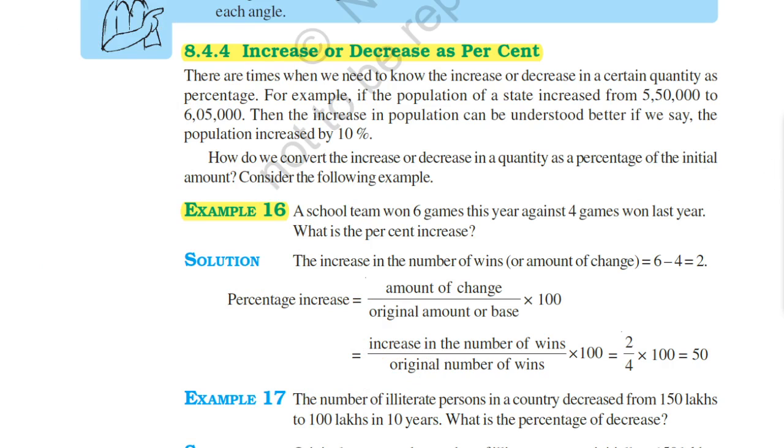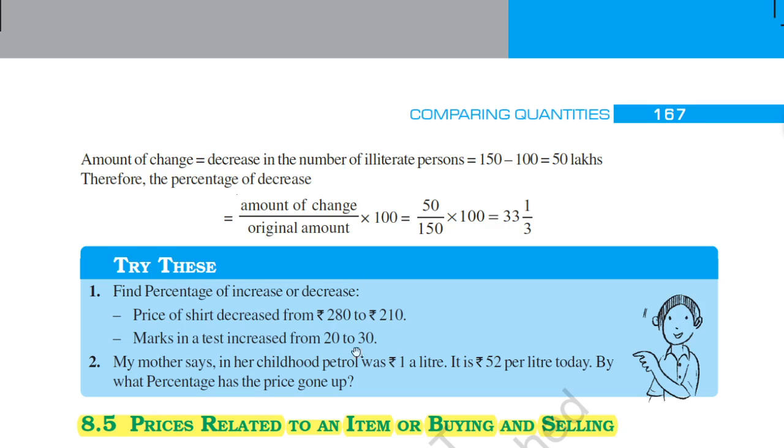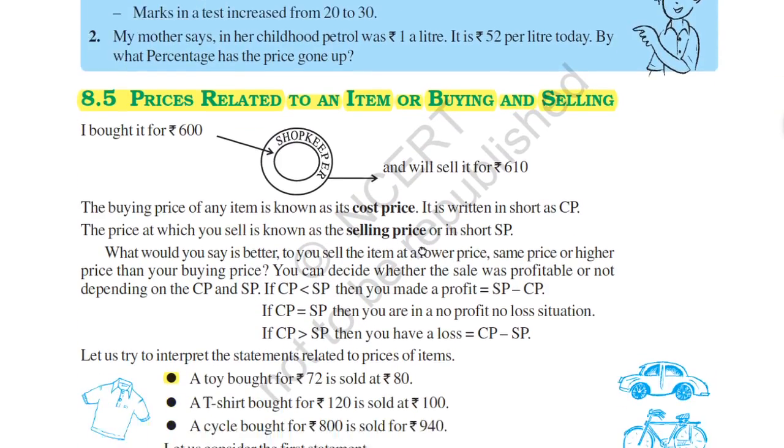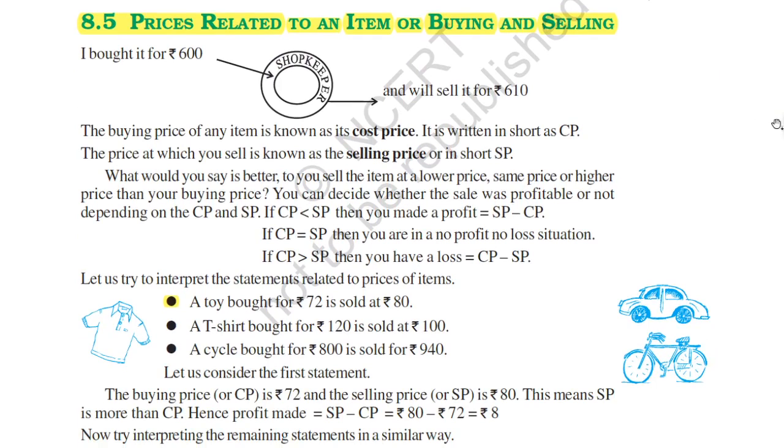So now we'll move to another one, that is price related to an item, or buying and selling. That is, we will discuss profit and loss. Let's take an example. Suppose a toy is bought for rupees 72 and sold for rupees 80.